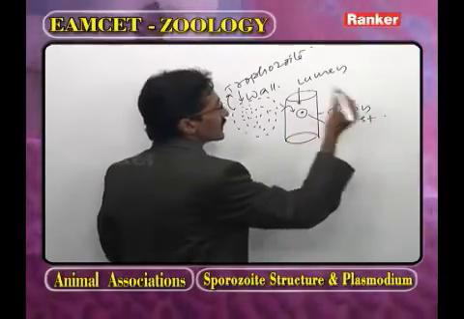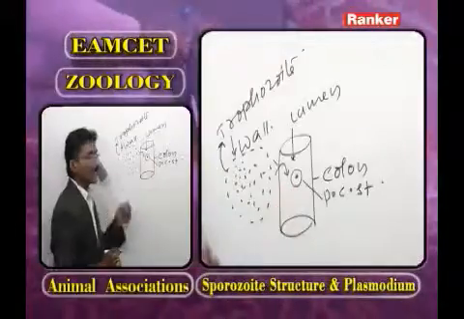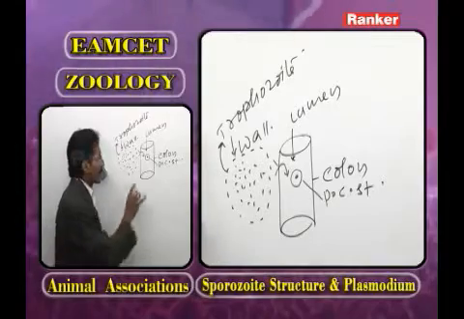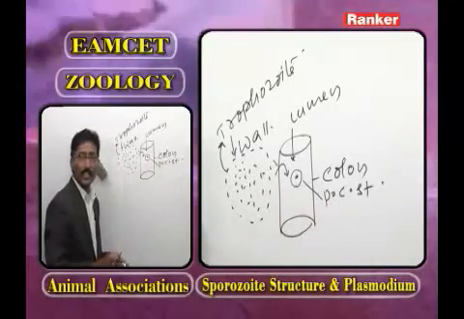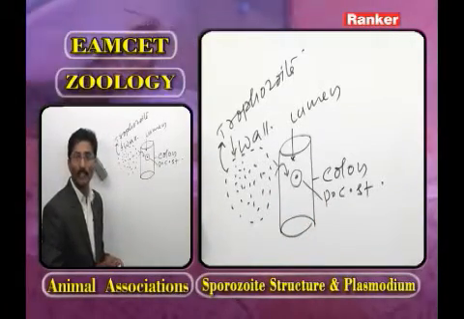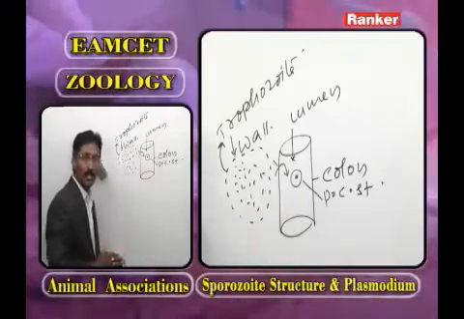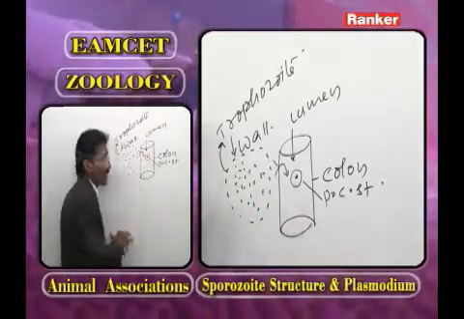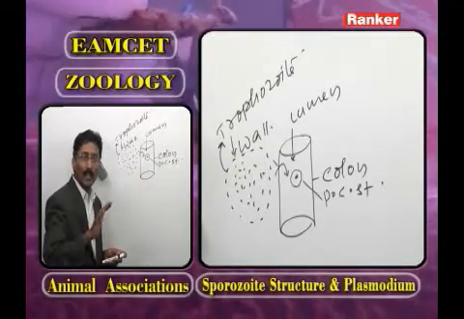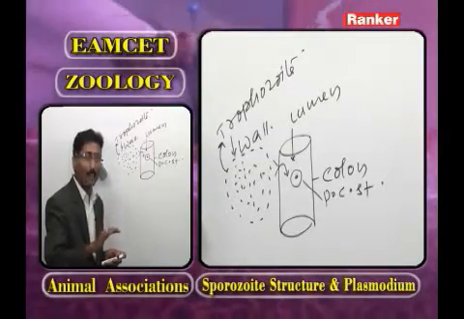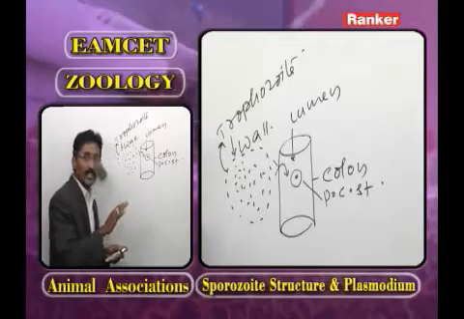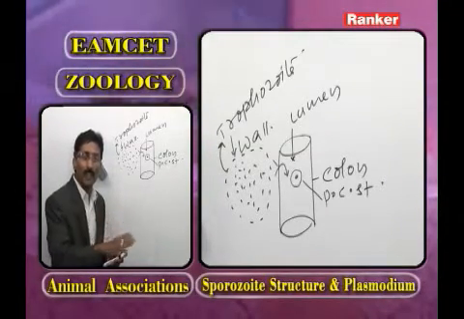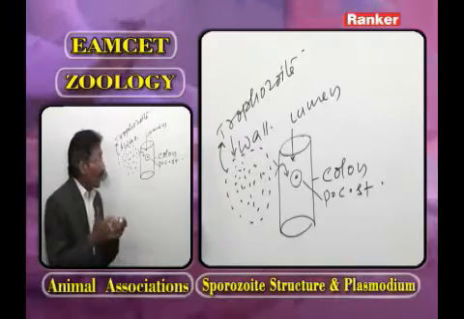This is the pre-cystic stage. In this stage there is no cyst. The pre-cystic stage does not cause any harm to man, and it does not perform any reproduction, locomotion, or feeding. Then how does it survive?